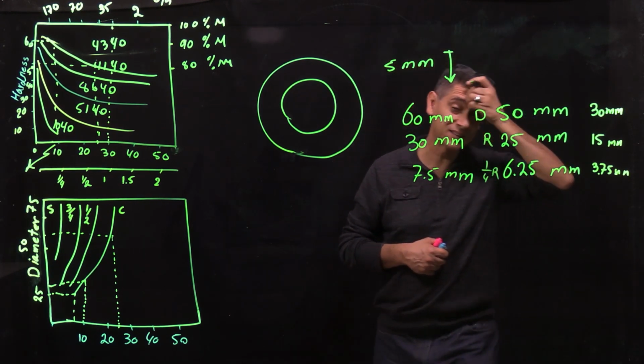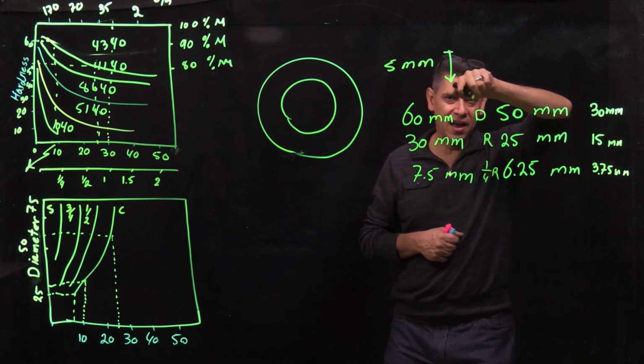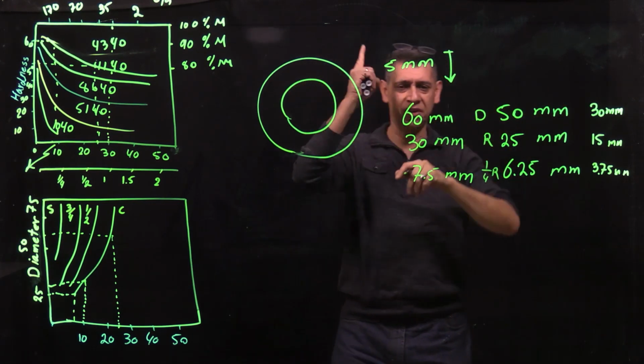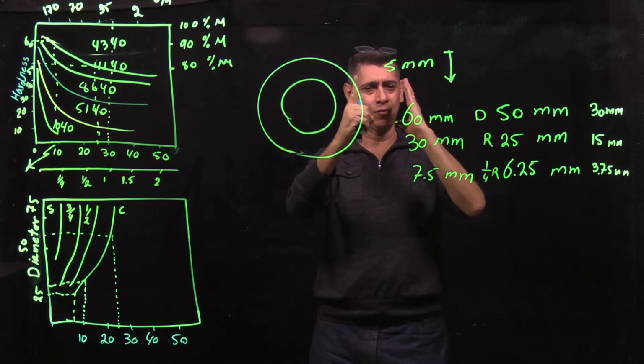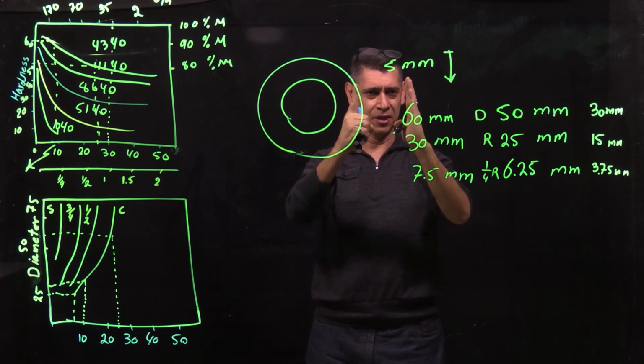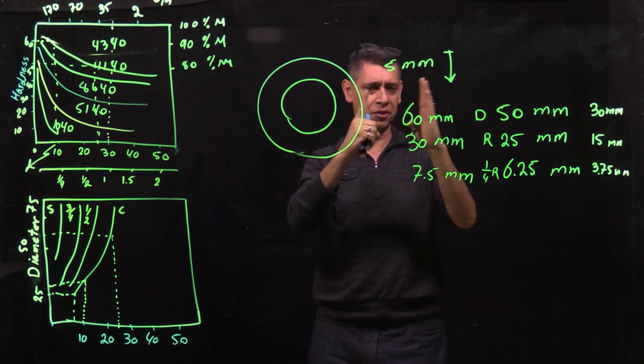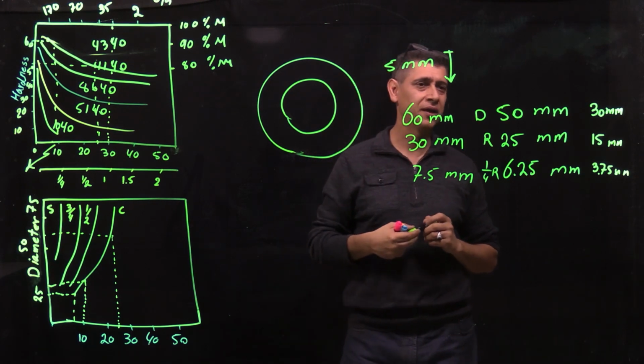In this case, the 5 millimeter is between half of the radius and 1/3 of the radius. When I say 1/4, it means 1/4 from the surface or 3/4 from the center.